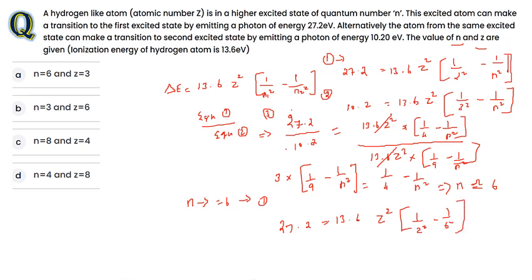Now you just simplify this one. This is approximately 2 times over here. If you simplify, it is 1 by 4 minus 1 by 36. From here, Z will be approximately 3, which will be the answer. So from this case, you just solve this one and get the answer.